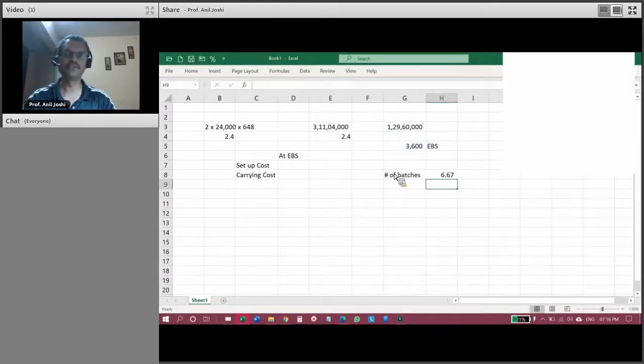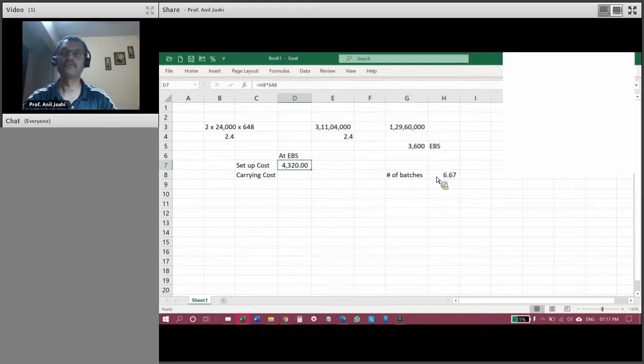Let us put that in decimals just for the purpose of accuracy. So you will undertake 6.67 batches, and for every batch your setup cost is 648 rupees. So this into 648 will be your annual setup cost. All these are annual costs.